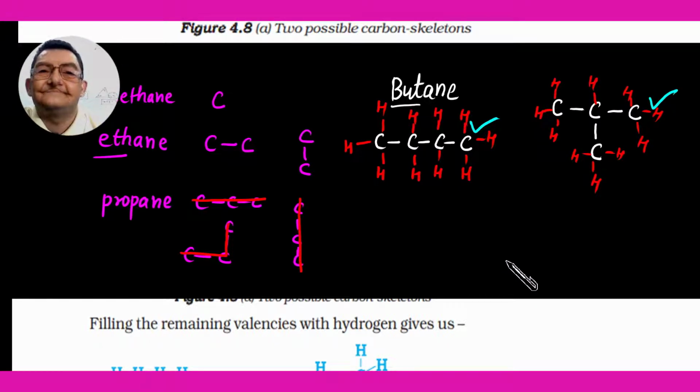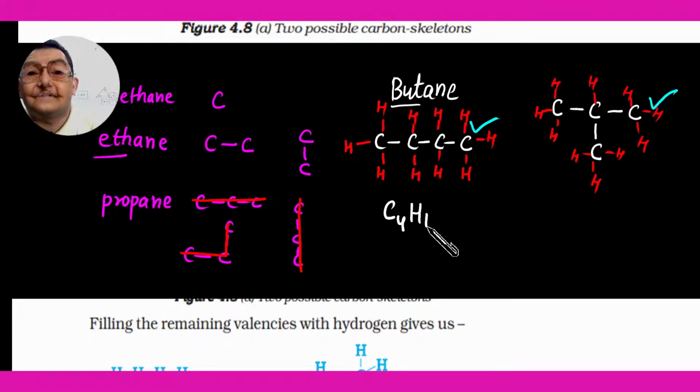Getting my point? And if you count them, you will find that the formula is C4H10. 1, 2, 3, 4, 5, 6, 7, 8, 9, 10. The molecular formula for this one is also C4, there are 4 carbons. And how many hydrogens? 3, 4, 5, 6, 7, 8, 9, 10.